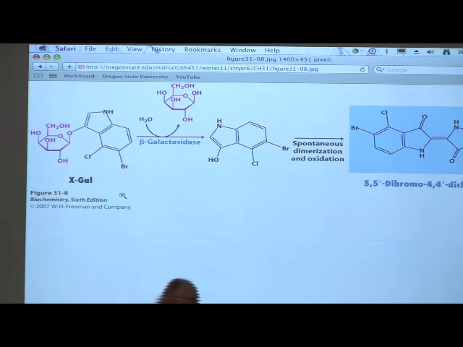And XGAL looks to the beta-galactosidase like lactose. The beta-galactosidase recognizes it as lactose. Beta-galactosidase will catalyze breakage of a bond in this molecule, which results in production of a molecule that has a very blue color.